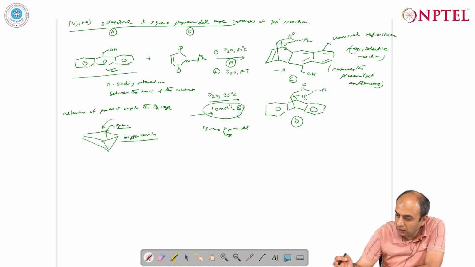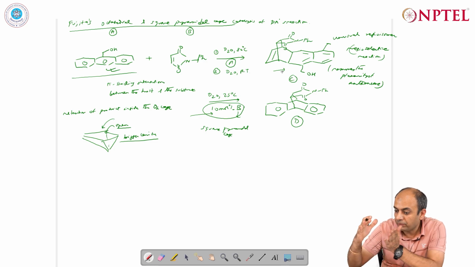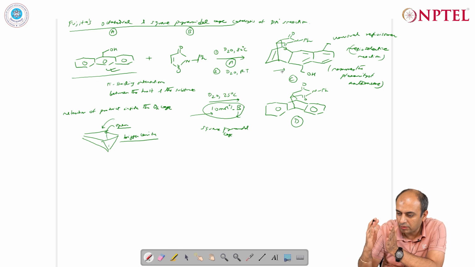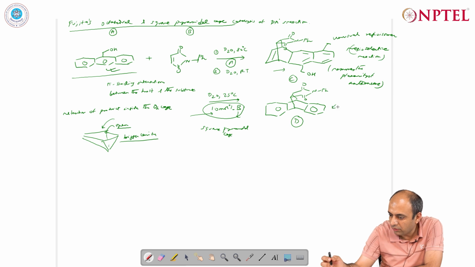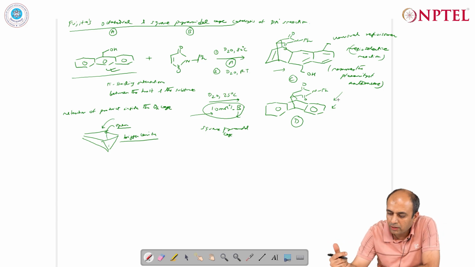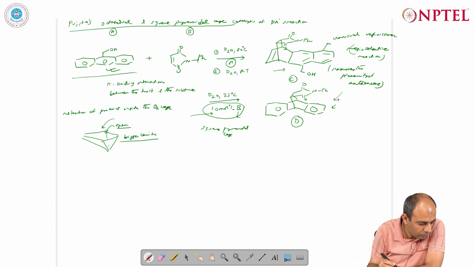So overall we see now that because of the loss of this planarity and aromaticity, the association of the anthracene with the pi surface of the ligand of the Fujita's cage is reduced, and therefore the release of the product can take place easily. As you can see in case of D also, the planarity of anthracene has been removed, and that facilitates the easy removal of the product into the bulk.